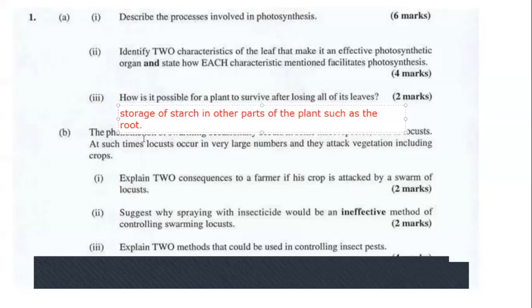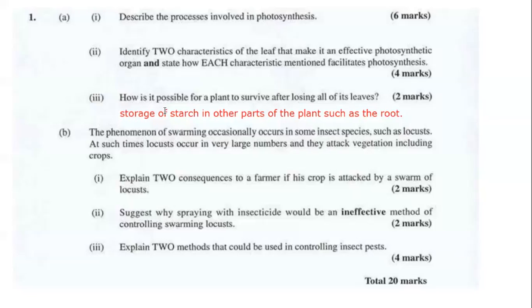So what is happening here is that once I press enter, the glucose that it produces from photosynthesis is transported as sucrose to other parts of the plant and converted.